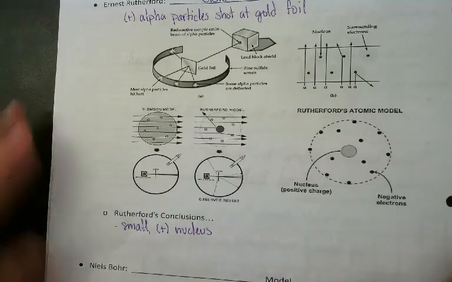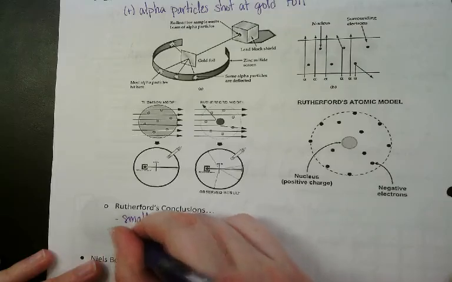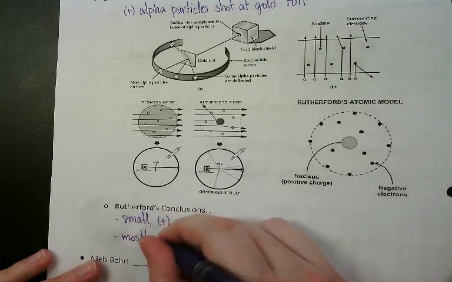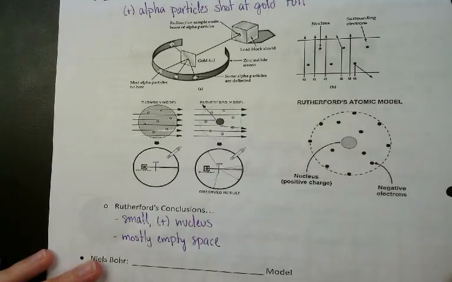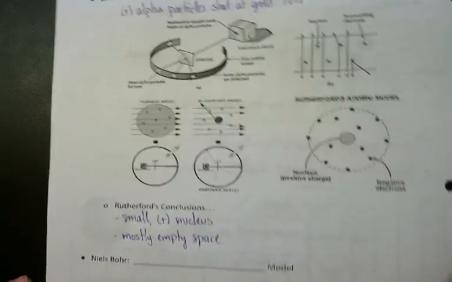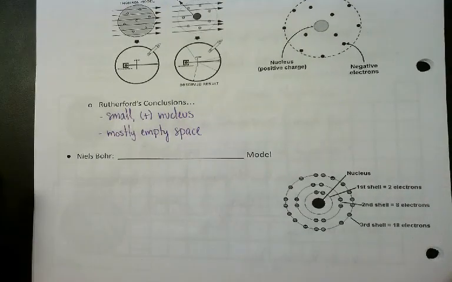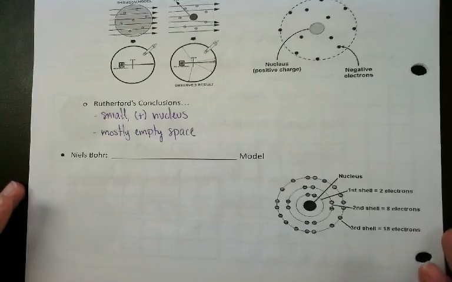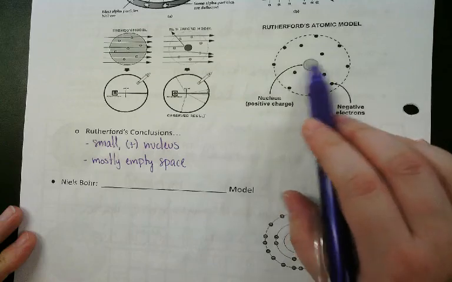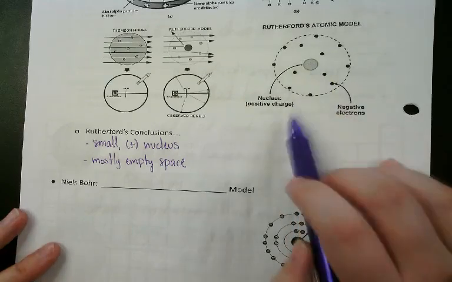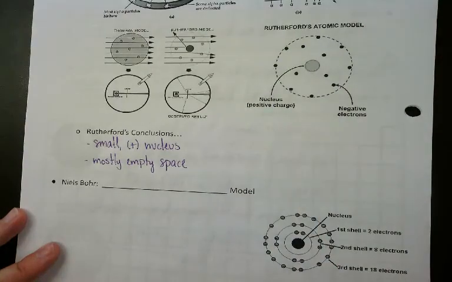So he discovered that there's a small positive nucleus and confirmed that the atom is mostly empty space. And this was the new model, Rutherford's model. You've got your positive nucleus in the middle, and then these electrons are spread throughout the atom.